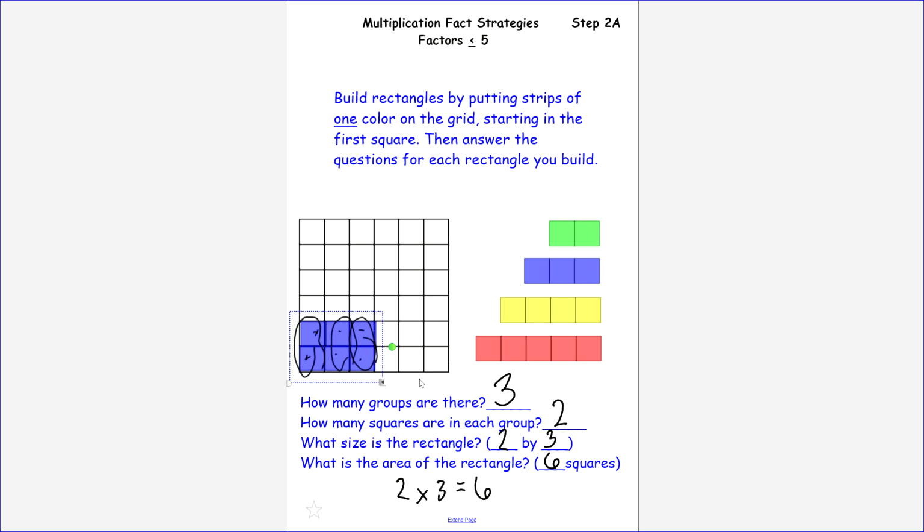So I can turn this rectangle and make it a 3 by 2. And the area doesn't change. It's still 6. So I also know that 3 times 2 equals 6. That tells me I now know 2 more benchmark facts. 2 times 3 equals 6, and 3 times 2 equals 6.